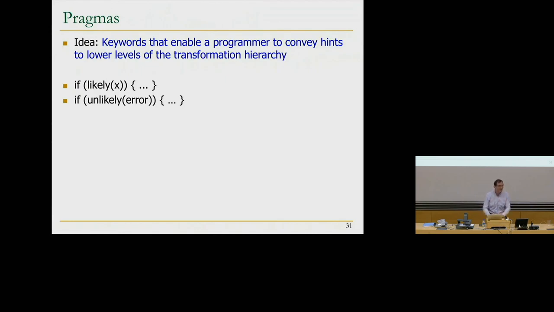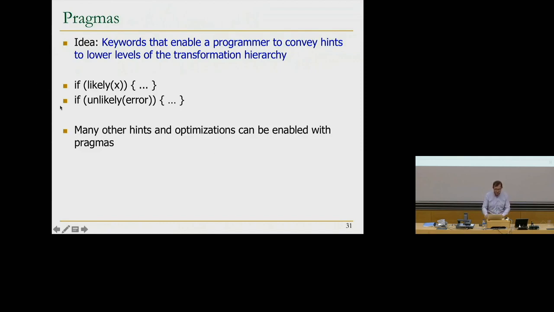If this is checking for an error, you can use unlikely. This branch is unlikely to execute the taken code because most of the time you don't expect an error in a program, right? So it can communicate this information. And there may be many other hints and optimizations that are enabled by pragmas.